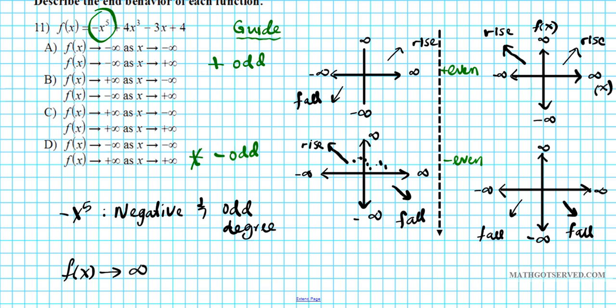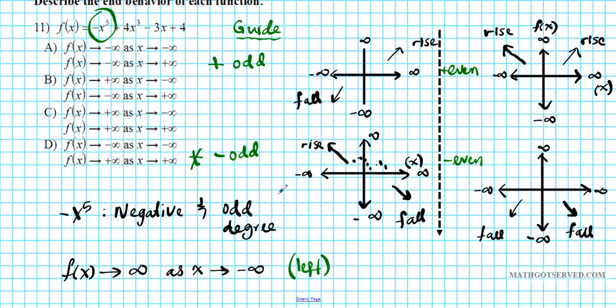So f of x tends towards infinity as x goes towards the left. What's at the left end of the x-axis? This is your x-axis right here. What's at the left end of your x-axis? Negative infinity. So as x approaches negative infinity, the function rises or goes to infinity. So this is the left end behavior that we just described using symbolic notation.